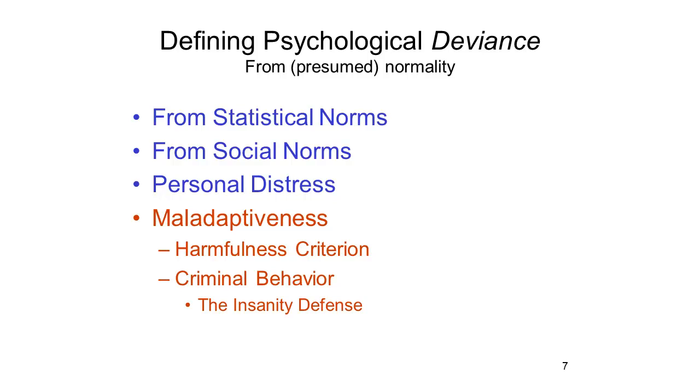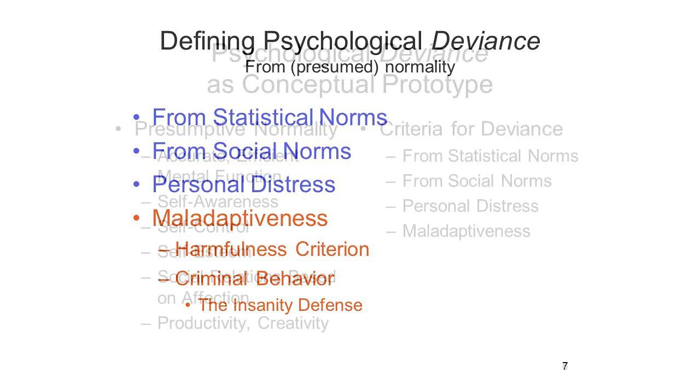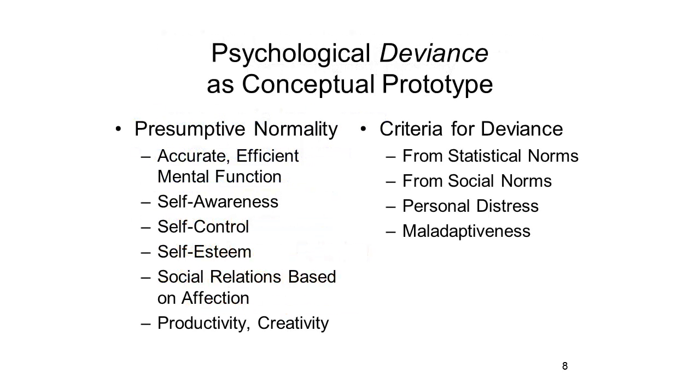In fact, the insanity defense is attempted in only a very small minority of criminal cases, and it is successful in only a very small minority of these. If maladaptiveness were the sole criterion for mental illness, we wouldn't have any prisons, but we'd have a lot of mental hospitals. So each of these definitions has certain assets and liabilities.